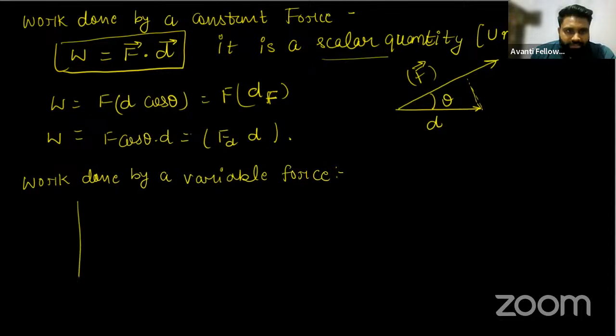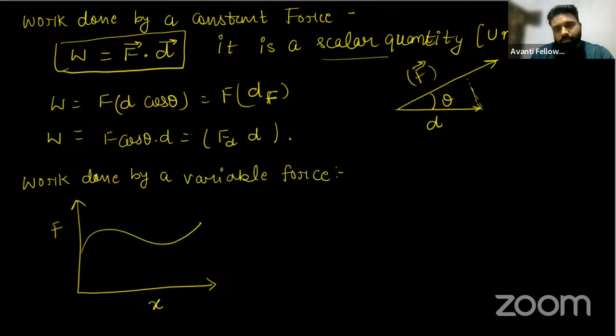Now we will consider the variation of force with distance x, and suppose the force is varying in this manner. This is the variable force, because at each and every position on the x-axis, it is changing its magnitude.